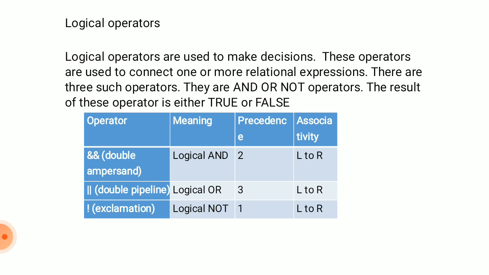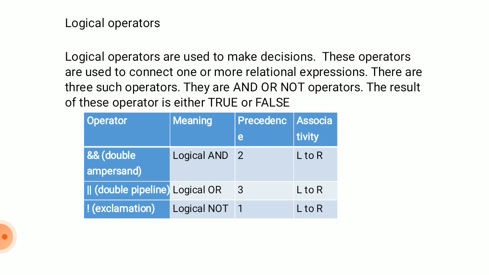As we know, precedence is nothing but priority. So in an expression, if all three operators are involved, that is logical AND, logical OR, and logical NOT, then based on precedence, the logical NOT will be evaluated first, then logical AND, and finally logical OR.